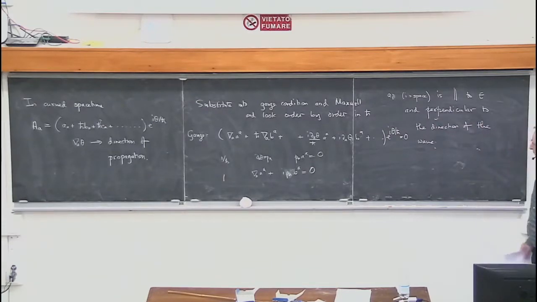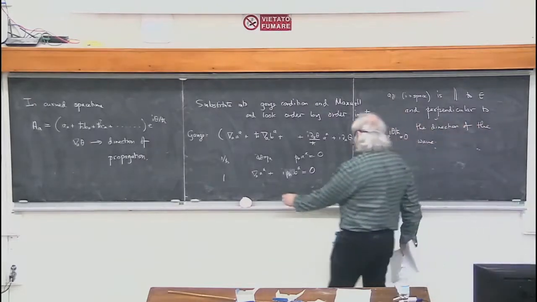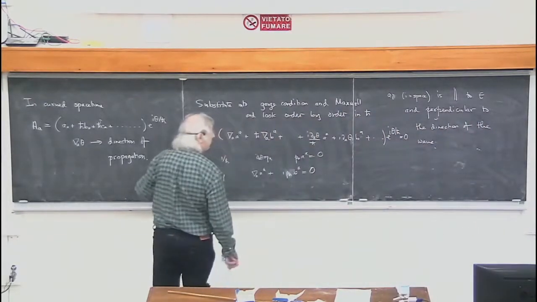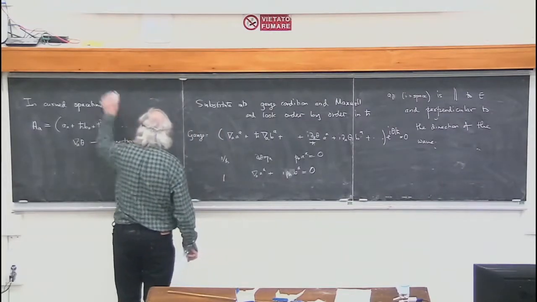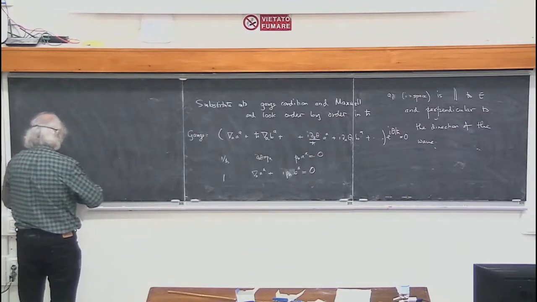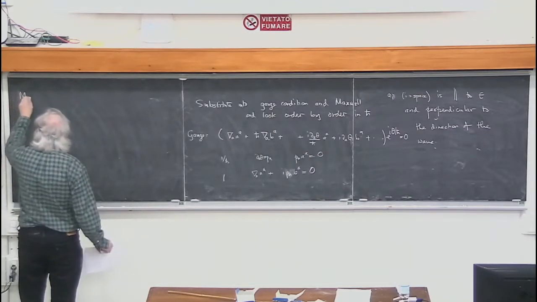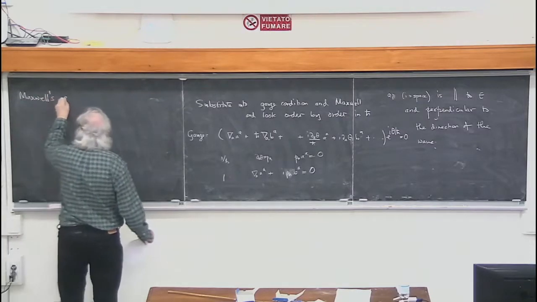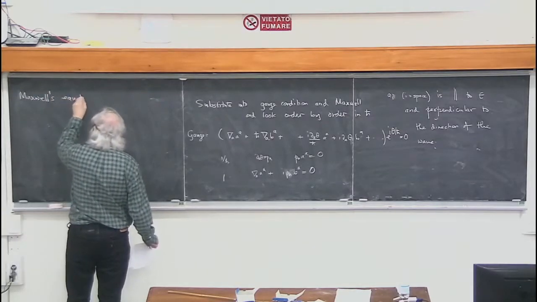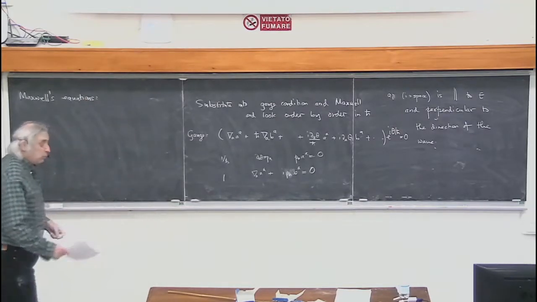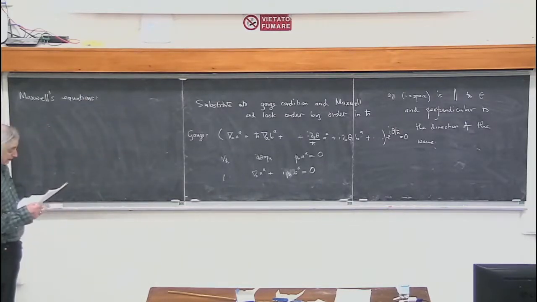Now let's look at Maxwell's equations. Well, those are box minus R_AB acting on A is equal to 0.